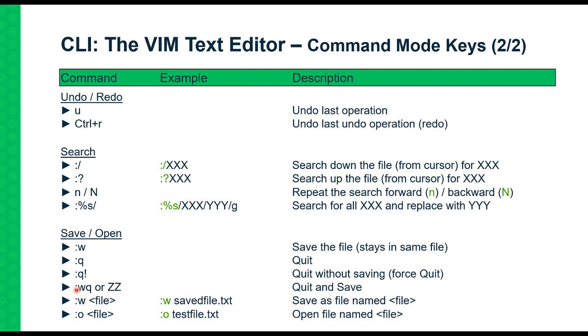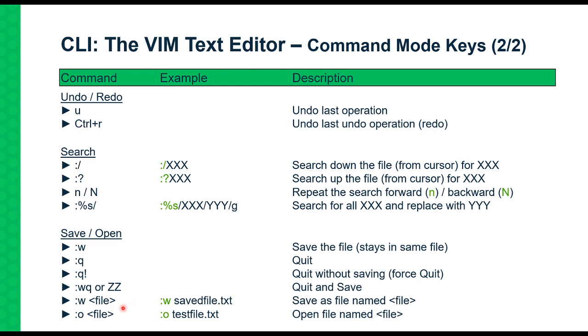Then we have another option of also saving our file to a new file name. Once we are inside our document and would like to save this to a different file name, we can use the write command with a space and then a new file name. In this example it will be savedfile.txt.